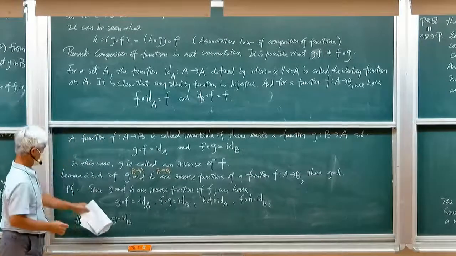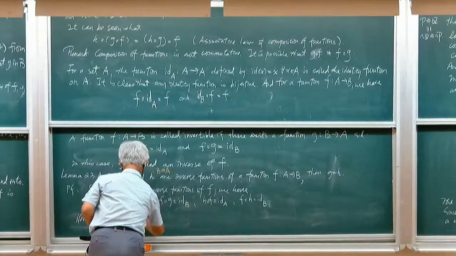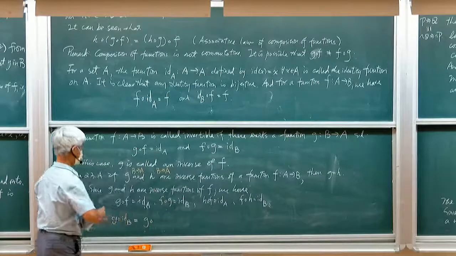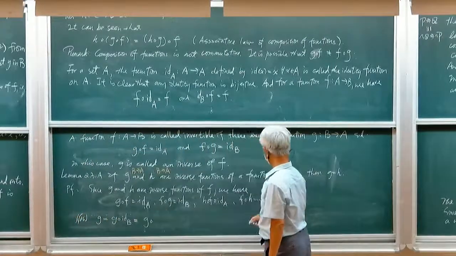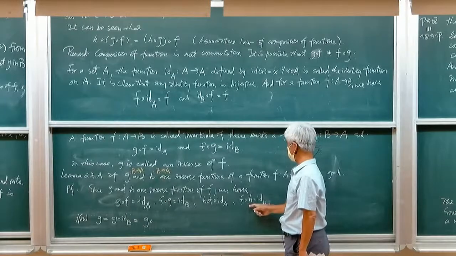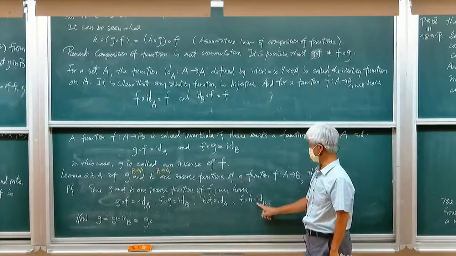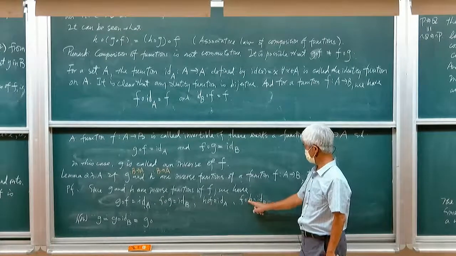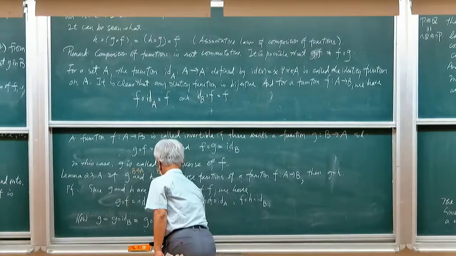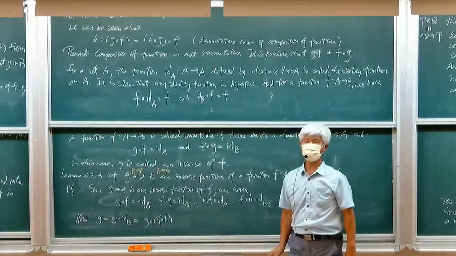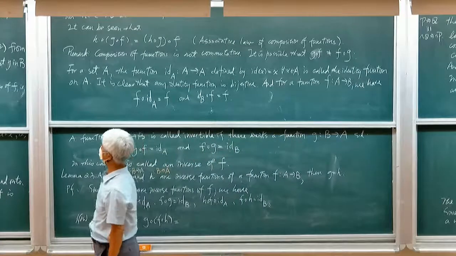So g∘id_B, and we use this one, because id_B, the identity function, is f∘h.